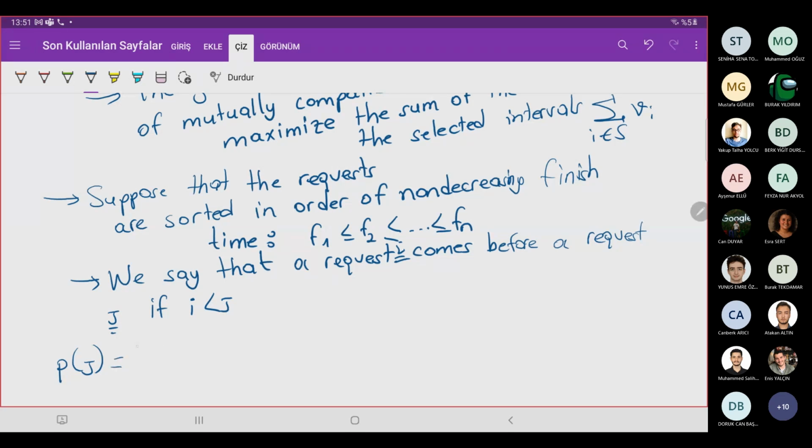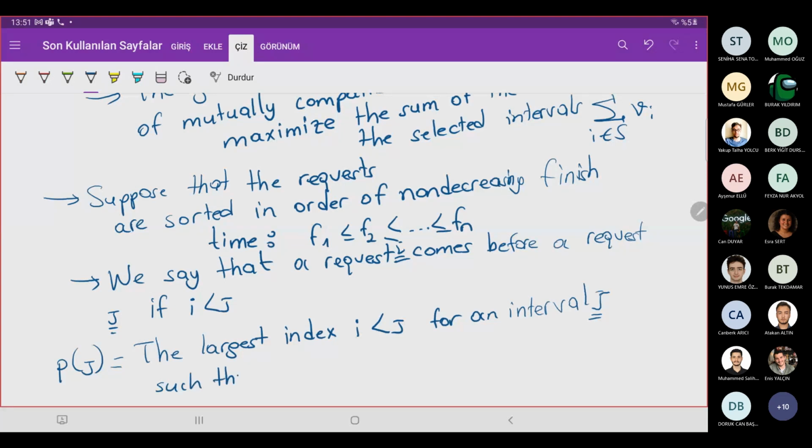PJ is the largest index I that is less than J for an interval J, such that intervals I and J are disjoint.